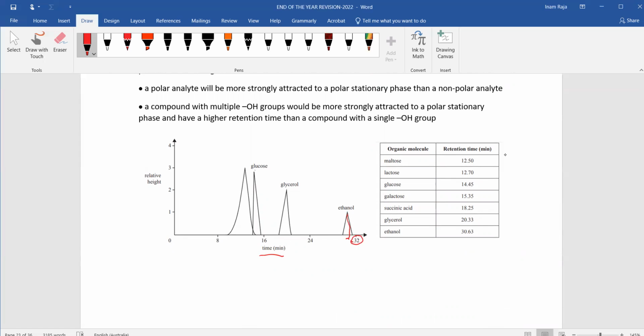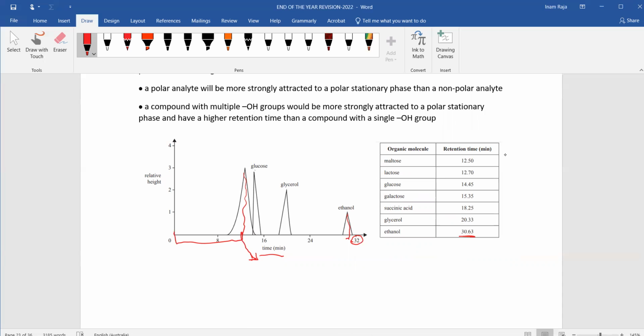The time is given here, 30.63 minutes. And this one is coming out at something like 12 point something. So the time from the start to this point is called retention time. At this point you can collect it from the machine. It's coming out now.